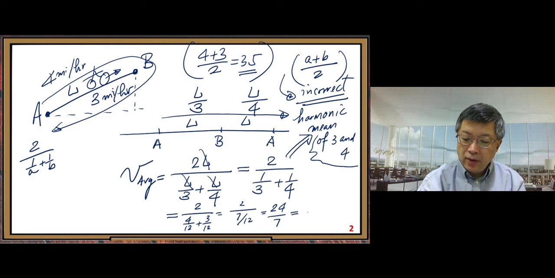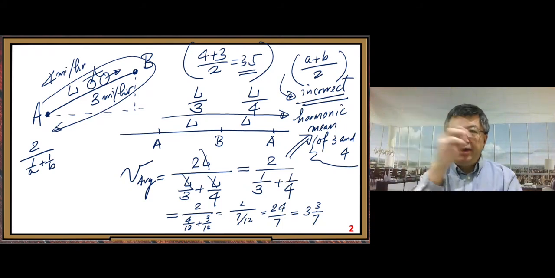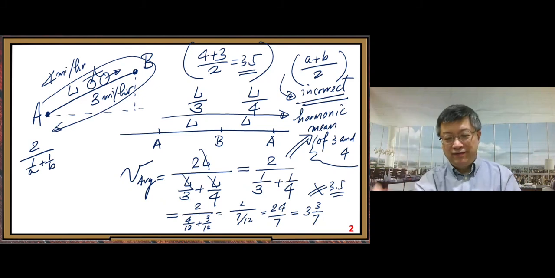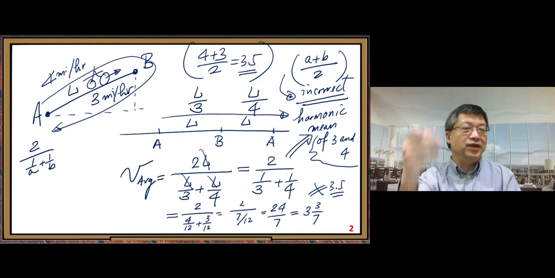That is 3 and 3/7 as a mixed fraction. It's different from 3.5, right? Slightly different, but still different.